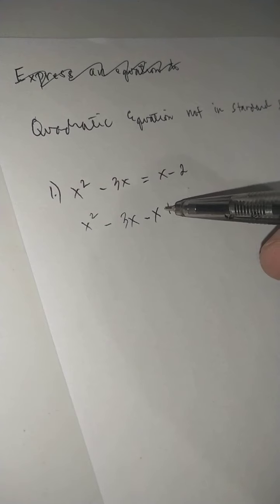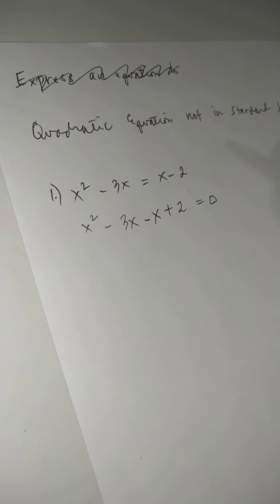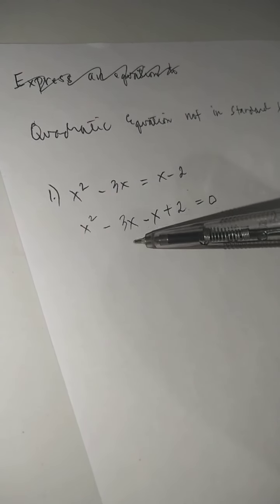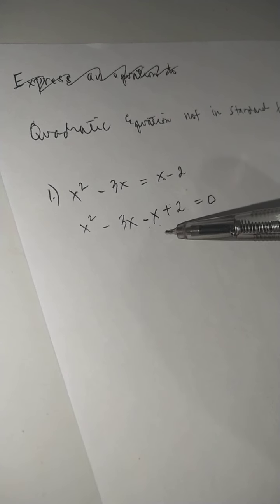Then we have positive 2 by addition property of equality equals 0. Again, we have x squared, negative 3x. The x became negative x on the left side of the equation. The negative 2 from the right side to the left side of the equation became positive 2. And then we equate it to 0.